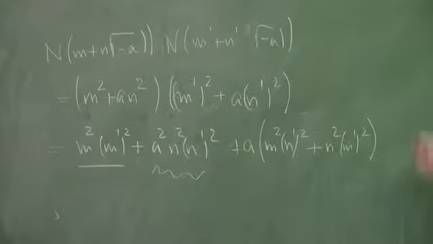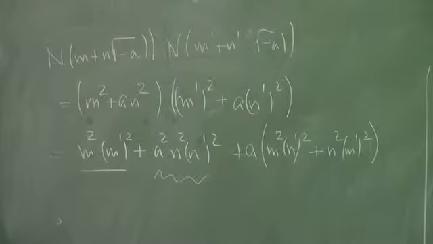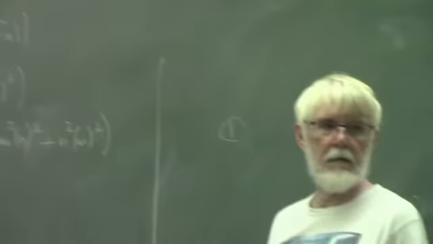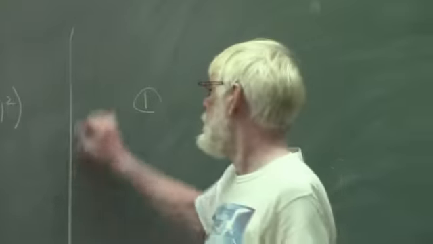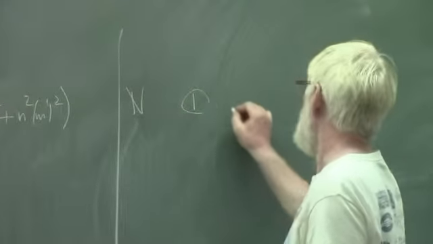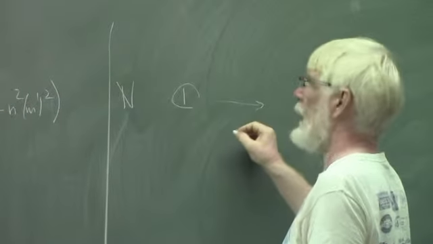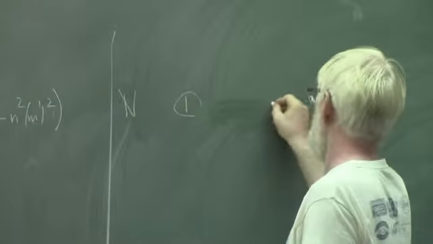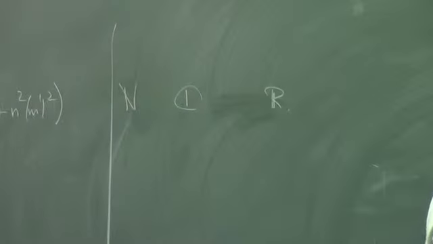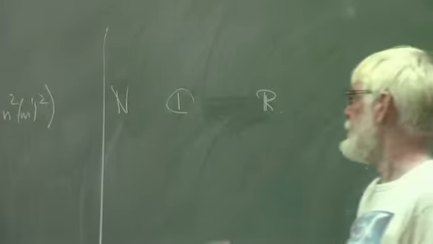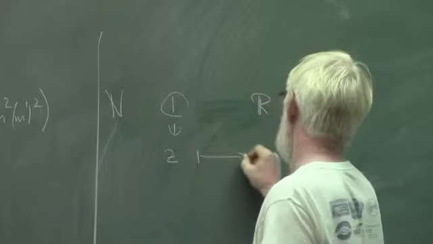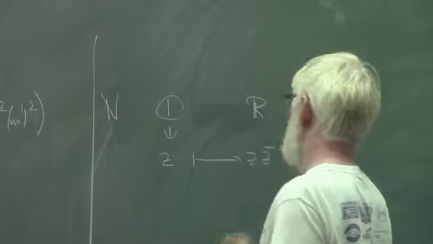Okay, so for those people with insight, if you take C, the complex numbers, you want to take N, and the map to the real numbers would be that some Z in here goes to Z bar.